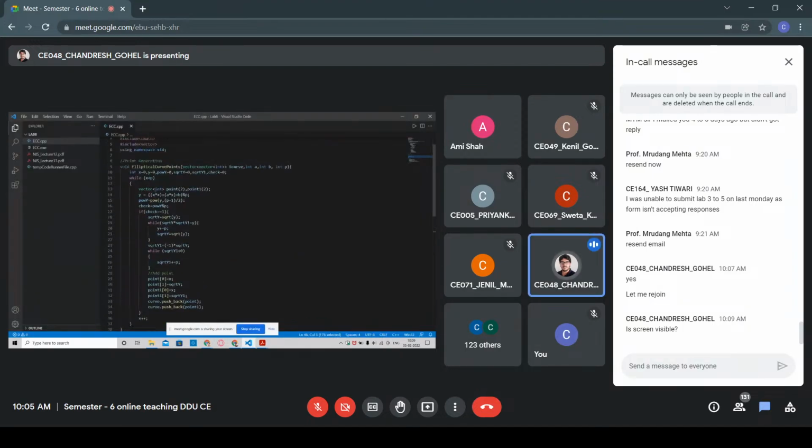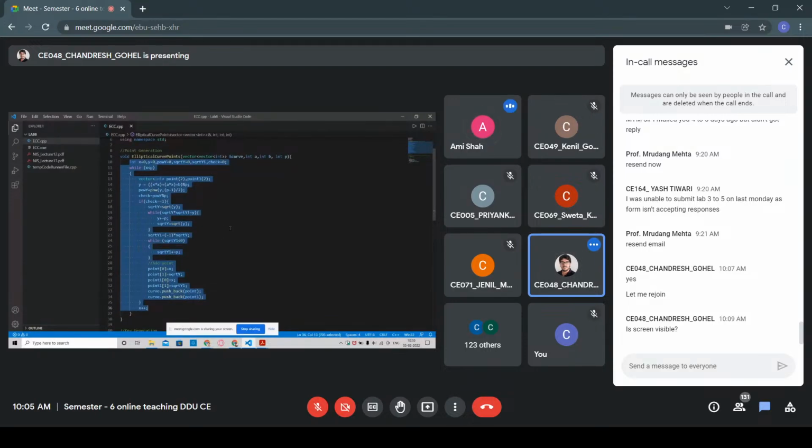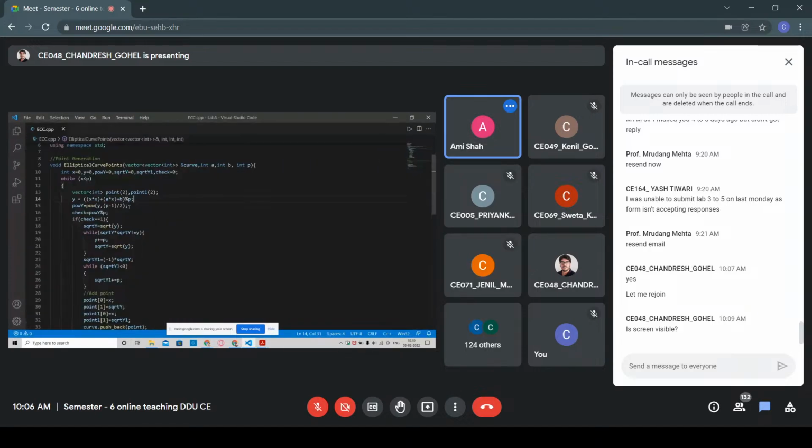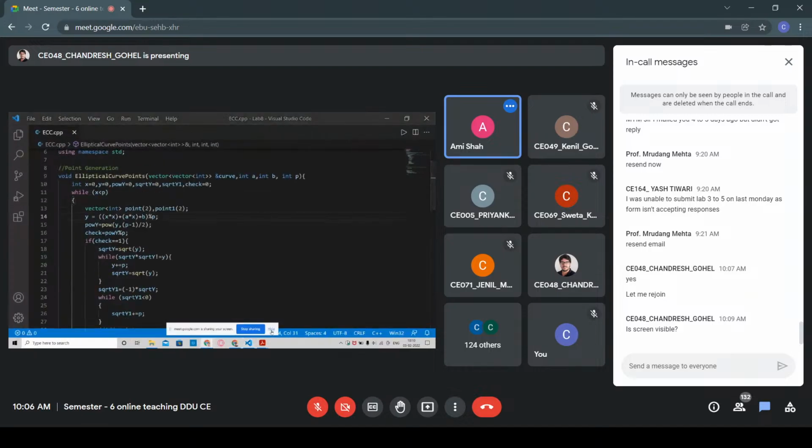Okay. So this is your algorithm which you have provided in the PDF. Can you zoom in a little bit? Yes, now it's visible.